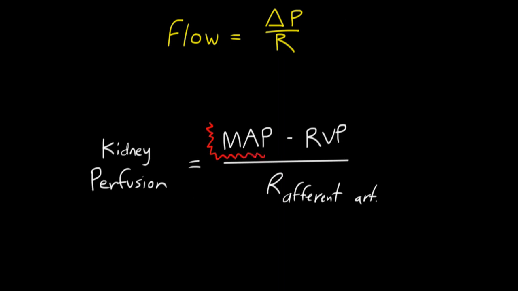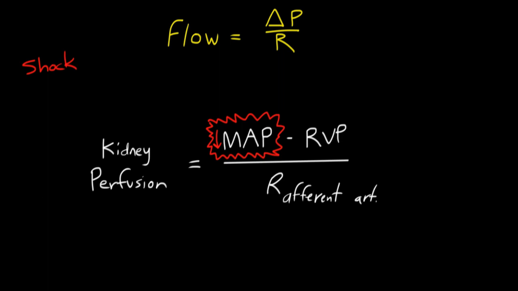So first, let's think about things that will affect the arterial pressure or the inflow into the kidney. So things that would drop arterial pressure into the kidney, so things that would drop the mean arterial pressure throughout the entire body, like shock, so hypovolemic shock, cardiogenic shock, or distributive shock, certainly would also affect the kidney.